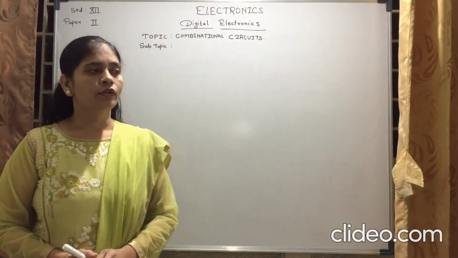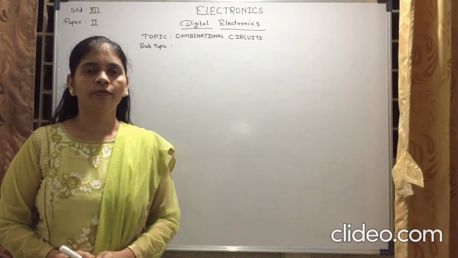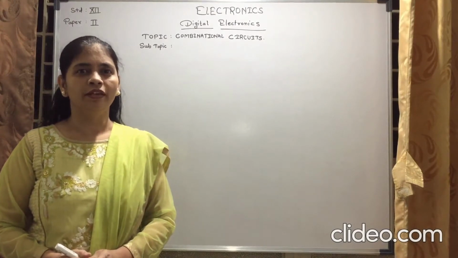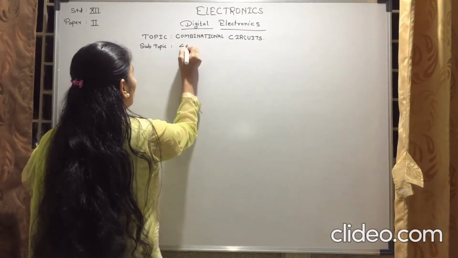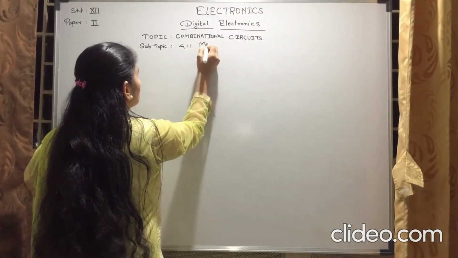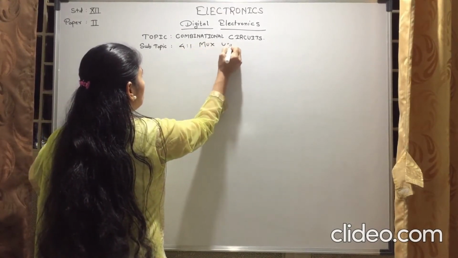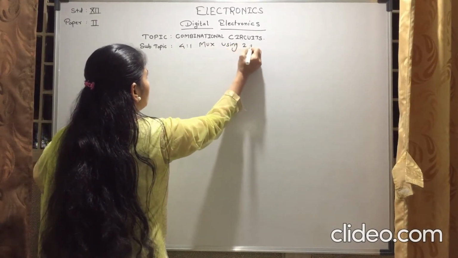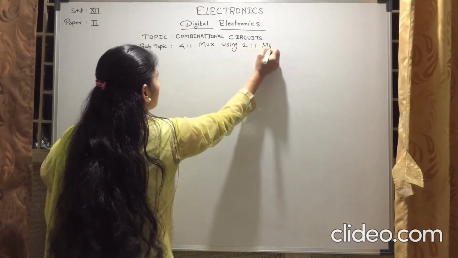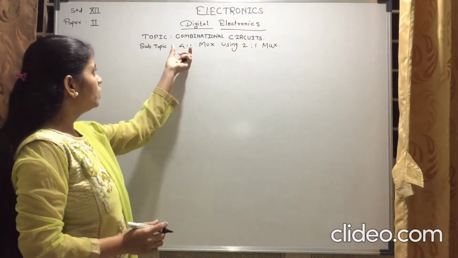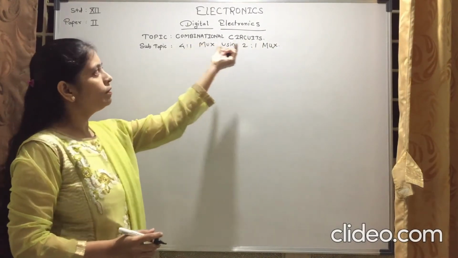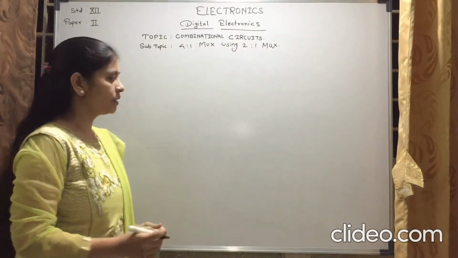Hello students, today we will discuss how to obtain 4 to 1 mux by using 2 to 1 mux. We have to derive 4 to 1 mux by using 2 to 1 mux.